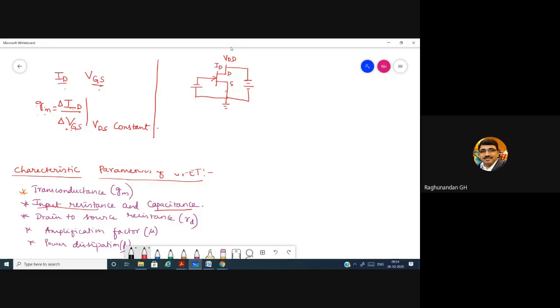This is the drain, this is the source, this is the gate. Now, this is known as the input side, and this is known as the output side.